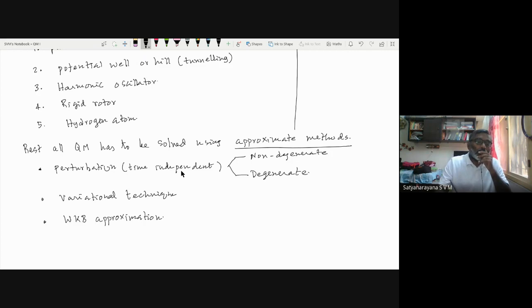These techniques are independent, and you can learn each technique independently. I will concentrate in the next 2 lectures on perturbation theory.